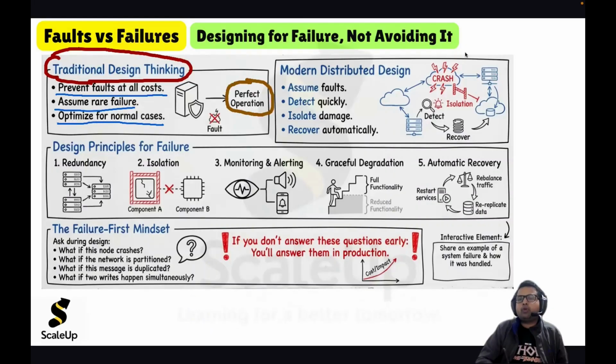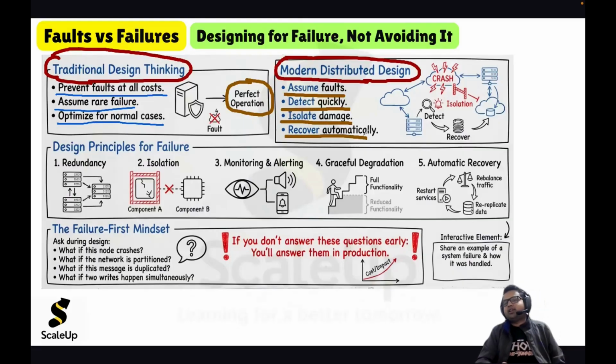But modern distributed design is a modern approach that by default assumes faults. Since it assumes faults, it has mechanisms to detect faults quickly, isolate damage, and recover automatically. So there is a design principle in place for failure.